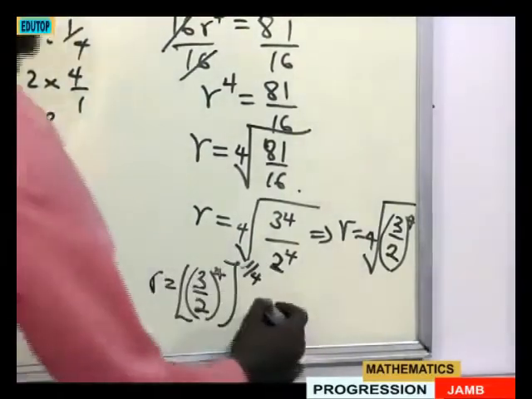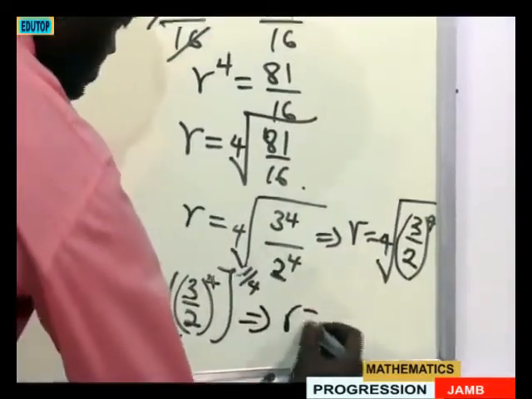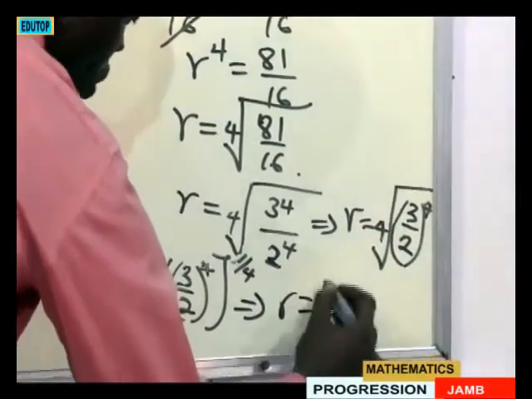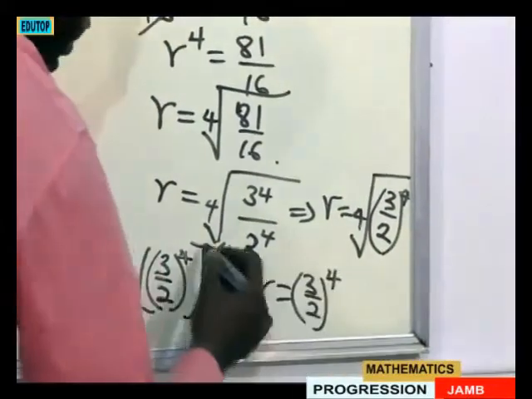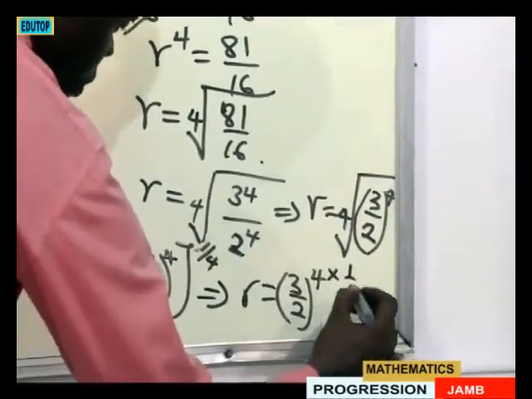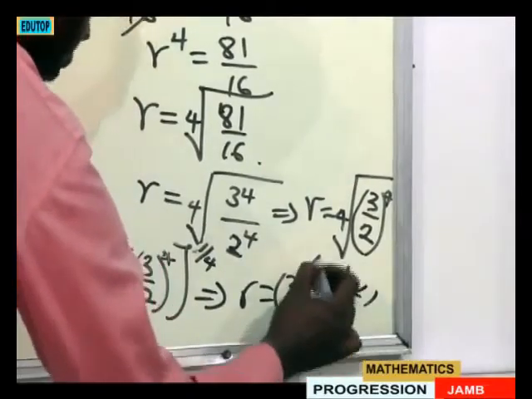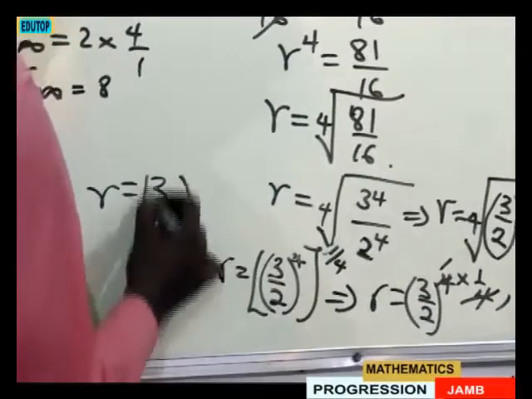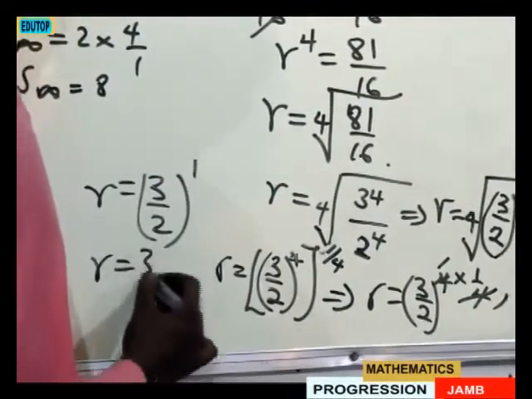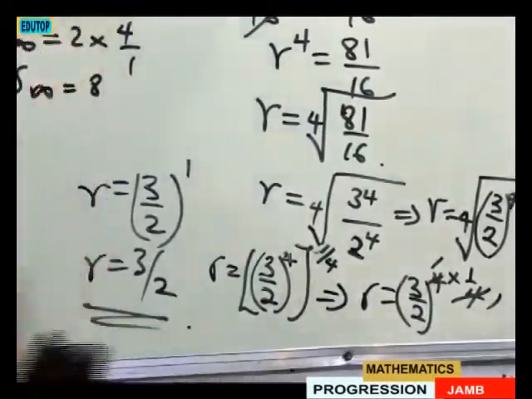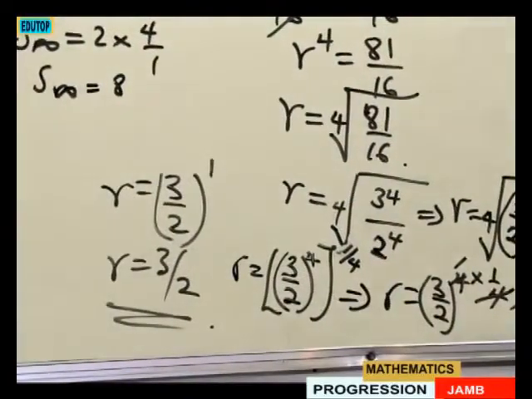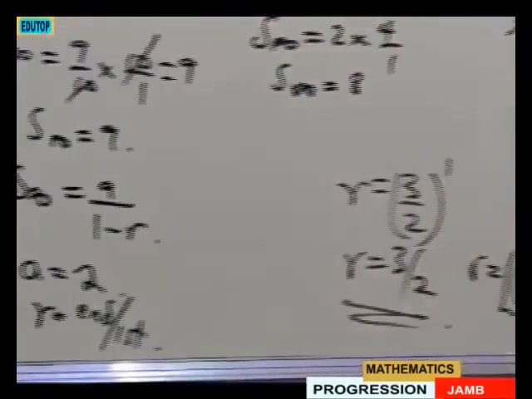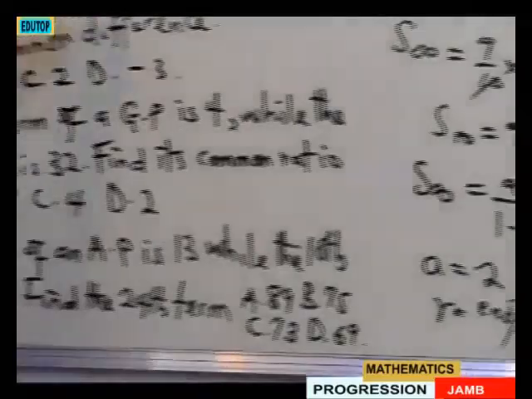So if I open this, I will have r equal to 3 over 2 all raised to 4 times 1 over 4. 4 here 1, 4 here 1. So I have my r equal to 3 over 2 raised to power 1, which means r equals 3 over 2. And that is my common ratio. So I go to my options and see the one that matches that. So I come here, it is option B.